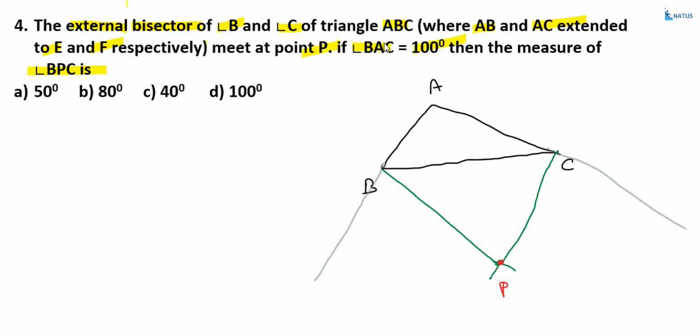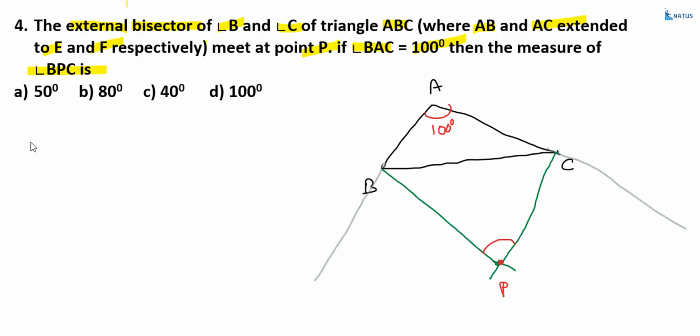Now, if BAC is equal to 100 degrees, what do we require? We require angle BPC. Already we discussed this in the Incenter properties.